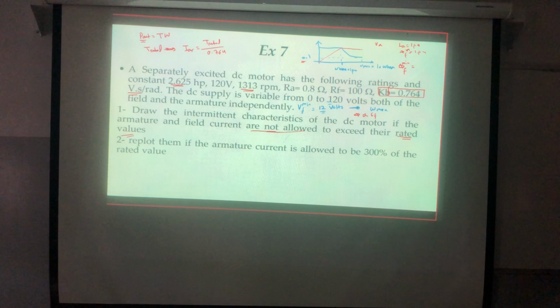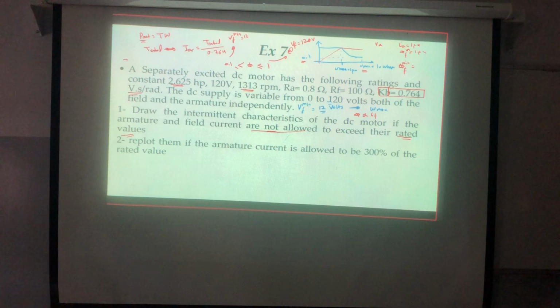Now the same thing. If I need to calculate omega max, I told you that it's 10 times the omega base, correct? Now the flux can be greater than 0.1 or less than or equal to 1 per unit. At 1 per unit, at VF equal to what? 120 volts. And 0.1 when VF minimum is equal to 12.